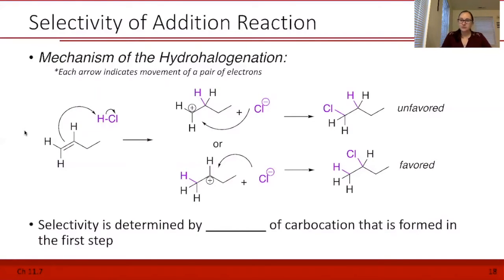In a hydrohalogenation reaction, we have our acid, HX, or in this case, HCl, and we have our double bond. The two electrons in this double bond, specifically the second bond, not the first, are going to want a proton, because protons have fewer electrons.